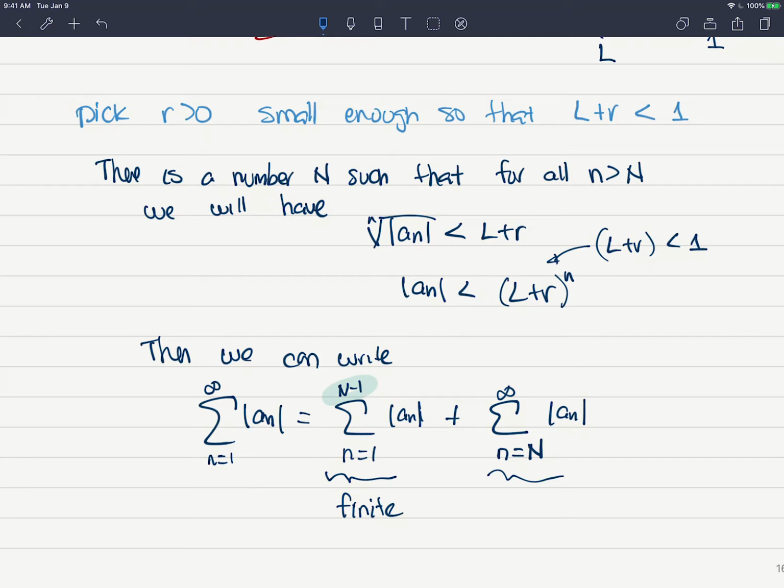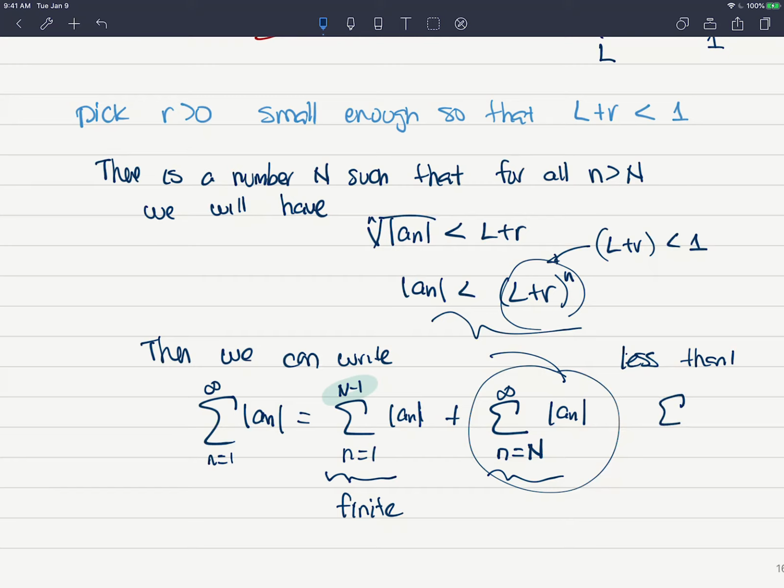Sorry, it's smaller than a geometric series, because using what I have right here, this part is smaller than the geometric series of (L plus R) to the n, so this is bounded. So we're using a direct comparison test. This series is less than the series of (L plus R) to the n, when n equals N to infinity, which is a geometric series with ratio less than 1.